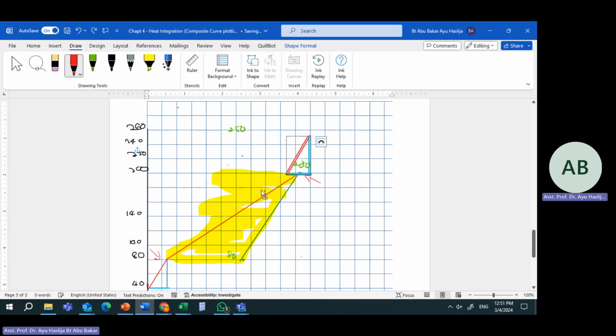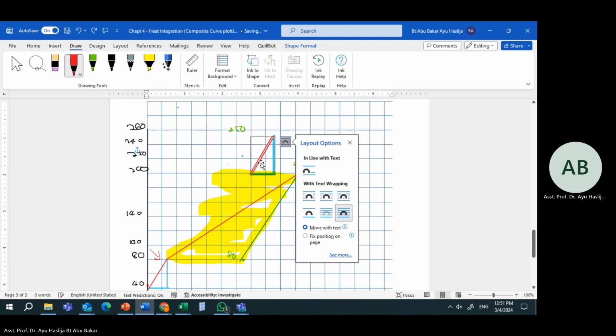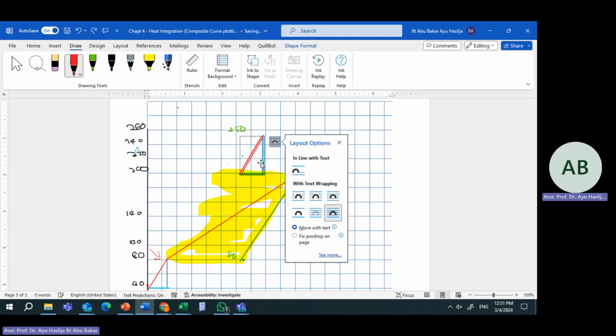I show it again. Revert back to the original one.